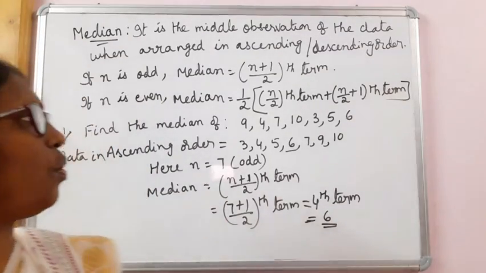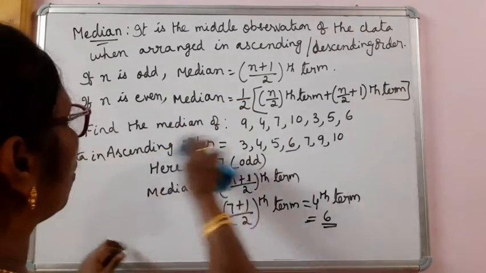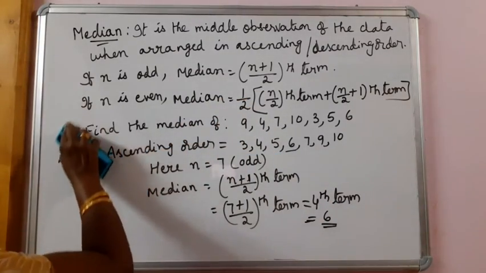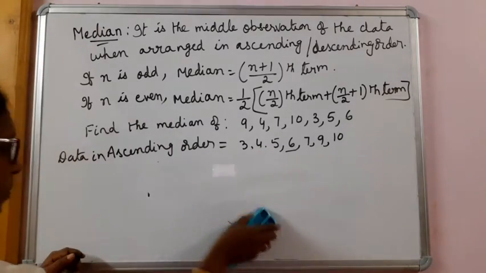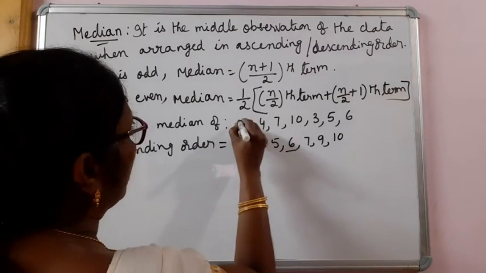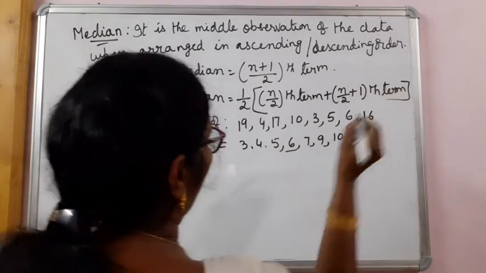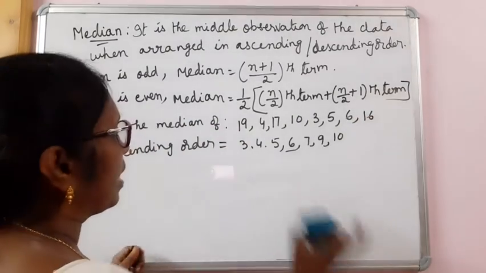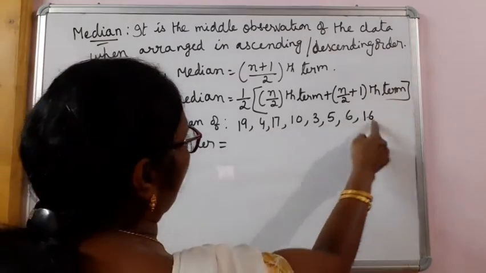Now let us do one more example. Find the median of the data including 19, 17, 16. So 1, 2, 3, 4, 5, 6, 7, 8.